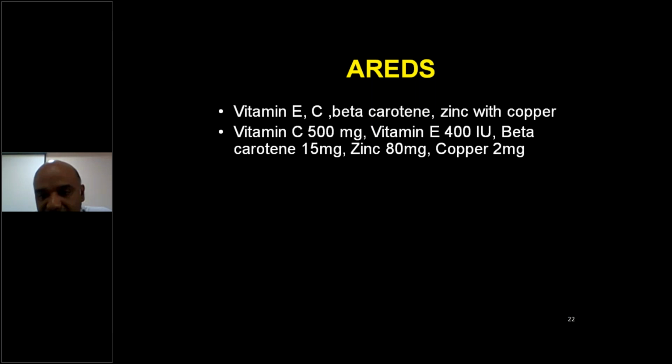The dosage of vitamin E is around 400 international units, vitamin C around 500 milligrams, and beta carotene around 15 milligrams. Zinc is around 80 and copper around 2 milligrams. This is the dosage according to AREDS, a study done for age-related macular degeneration or age-related eye disease.